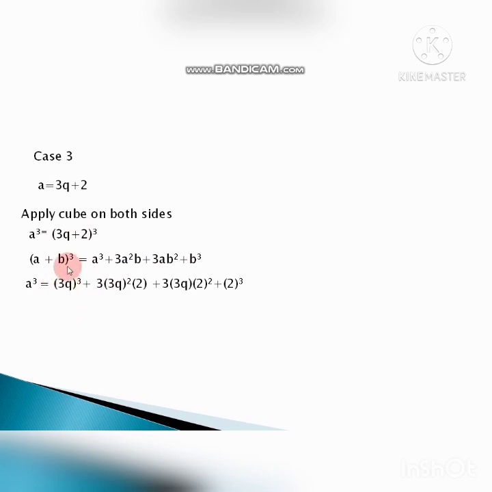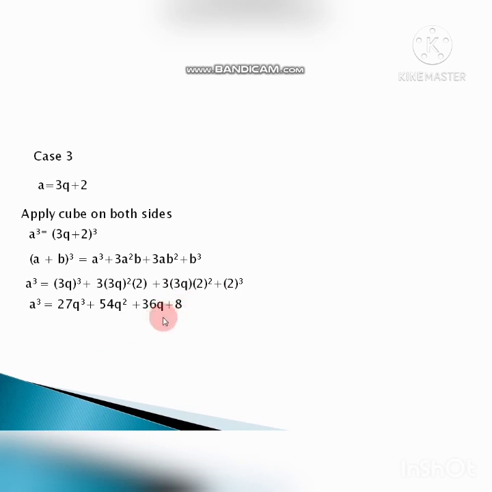After substituting the values in the formula, we are going to get this. Now a cube is equal to 3q whole cube, which is 3 3s are 9 and 9 3s are 27 q cube, plus 3 times 3q whole square, 3 3s are 9, 9 3s are 27 and then 27 2s are 54q square, plus 3 3s are 9 and 2 2s are 4, so 9 4s are 36q, plus 2 cube is 8.